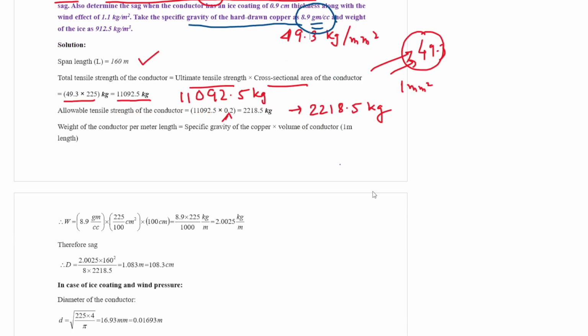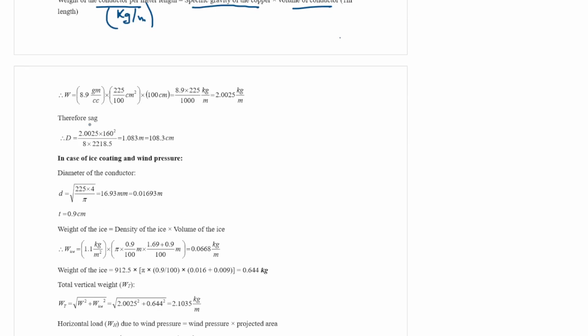The specific gravity. So the weight of the conductor per meter length, that means kg per meter, how will we get it? We should multiply the specific gravity of the copper into the volume of the conductor for 1 meter length. So specific gravity is 8.9 gram per cc and area is 225 by 100 centimeter square. That means 225 is given in millimeter square, so to convert it into centimeter square it should be divided by 100.